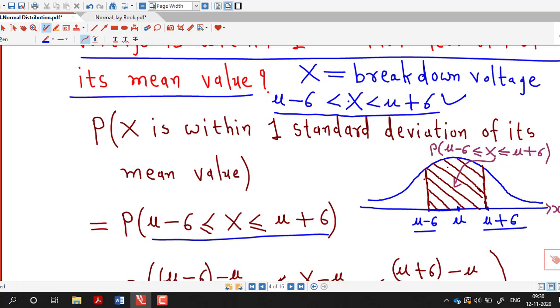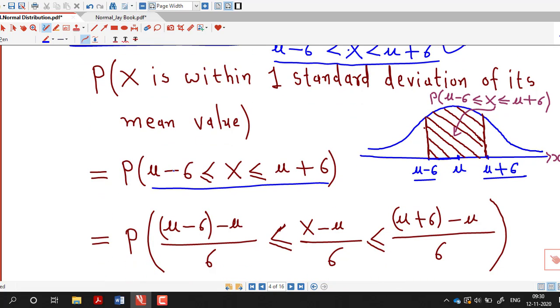So this shaded area is the probability that capital X lies between mu minus sigma and mu plus sigma. Now we first have to standardize this capital X. So we subtract mu and divide by sigma.